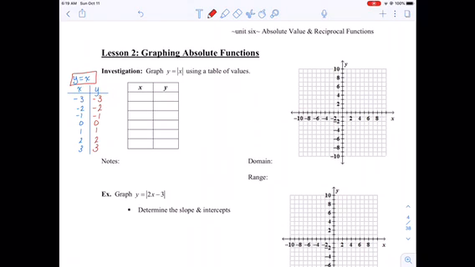We could also graph this from a Math 10 perspective, looking at the equation y equals mx plus b. Thinking of it that way, we've got y equals 1x plus 0, where our y-intercept is 0 and our slope is 1 over 1.